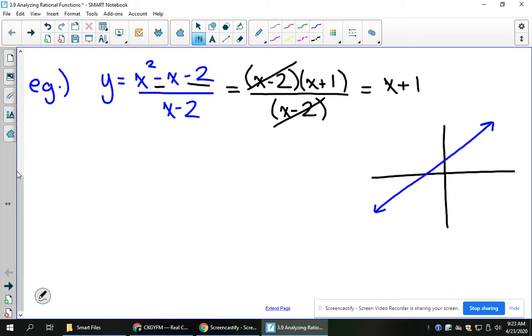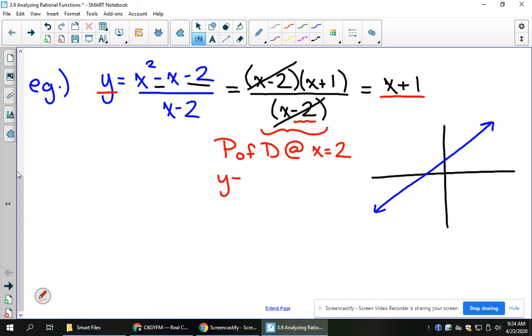But that's not actually the entire story here. When we end up canceling this x minus 2 bracket, this means that you get a point of discontinuity at x equals 2. Remember, just switch the sign. So if there's a point of discontinuity at x equals 2, we can find, using this simplified equation, the y value.